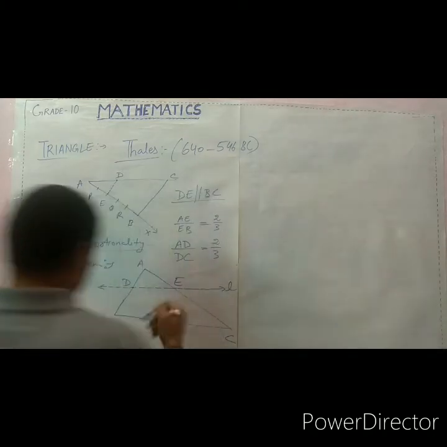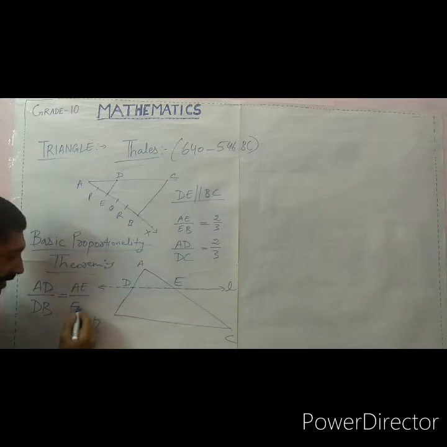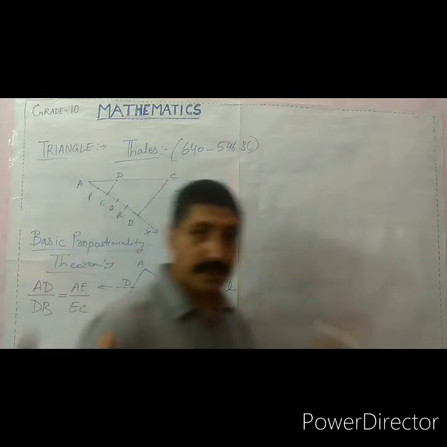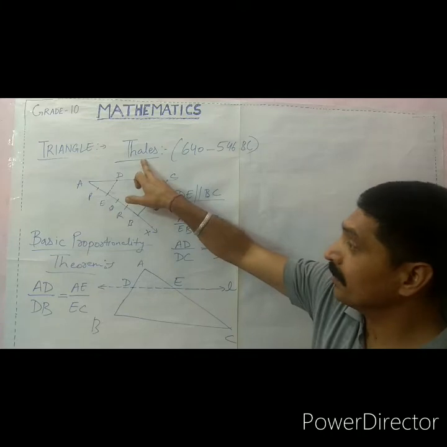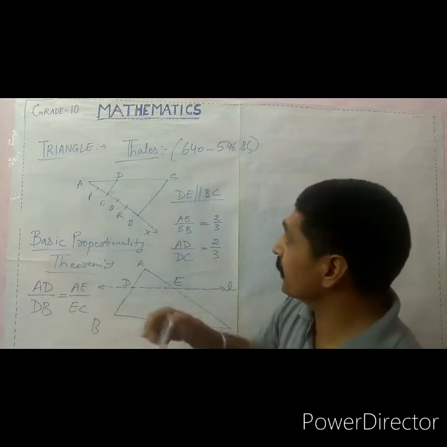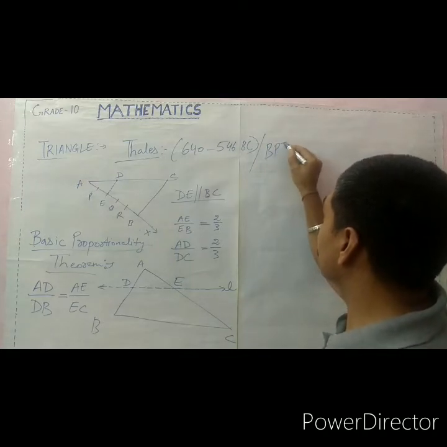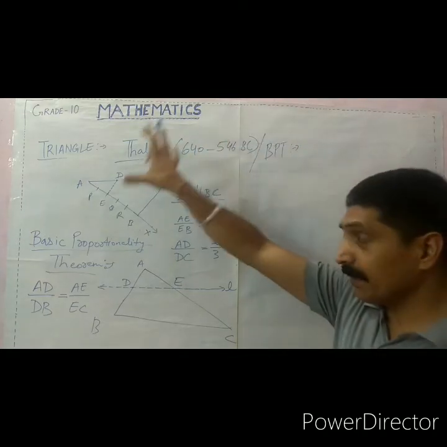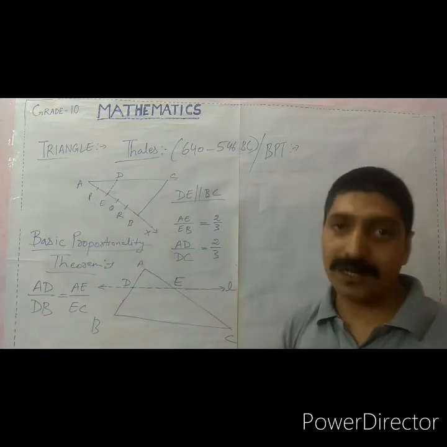So here AD upon DB is always equal to AE upon EC. My dear students, this is the main basis of Thales theorem or basic proportionality theorem, popularly known as BPT. Very important theorem. Most of the time it is asked for 4 marks in the exam.